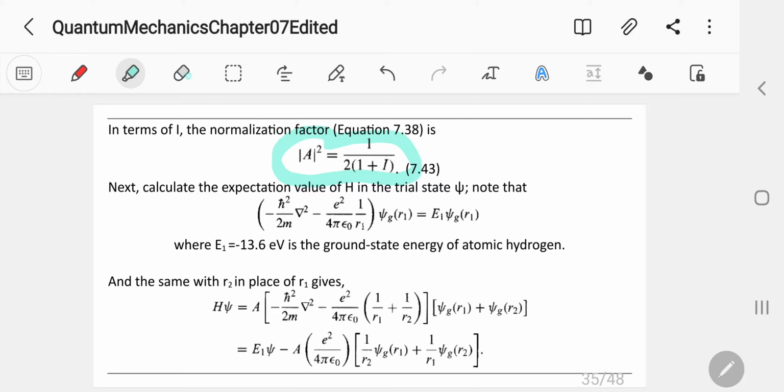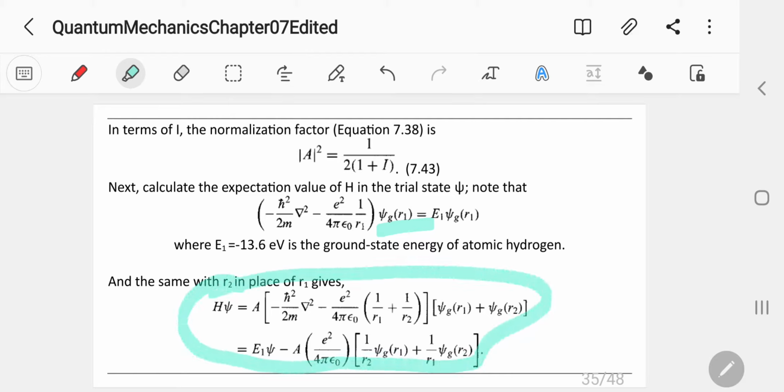So this is now the Hamiltonian for the hydrogen atom, and this is the Hamiltonian for the hydrogen molecule ion.